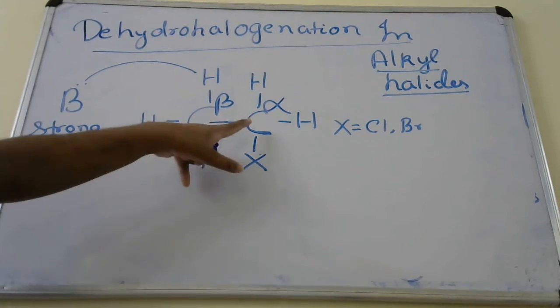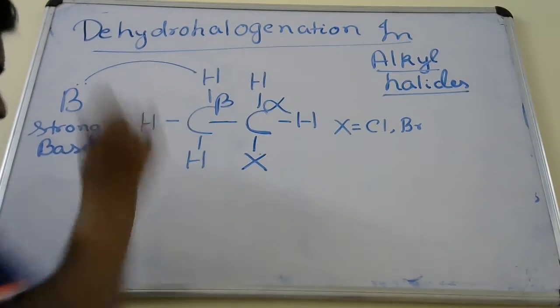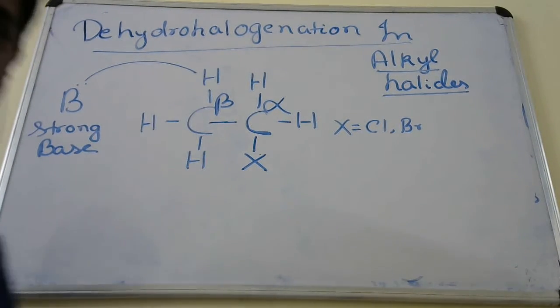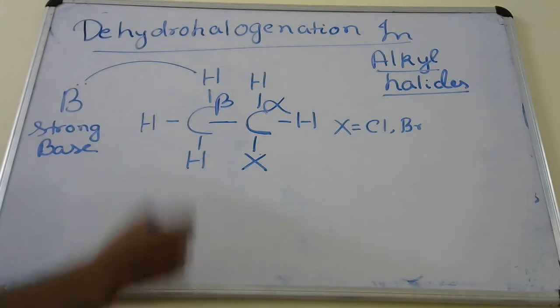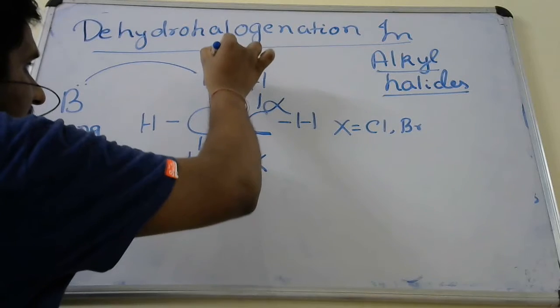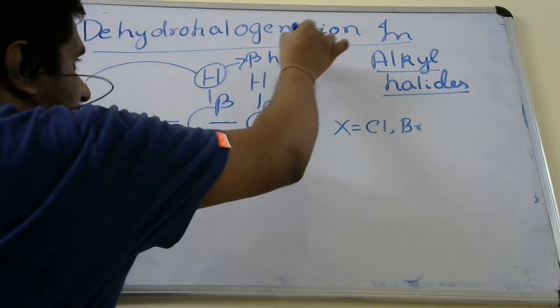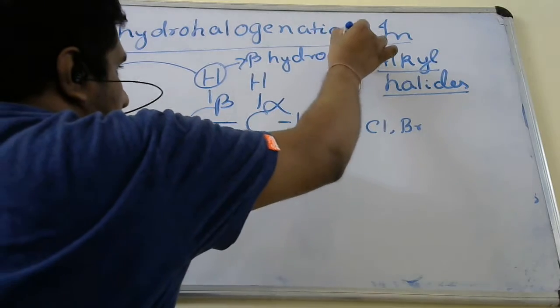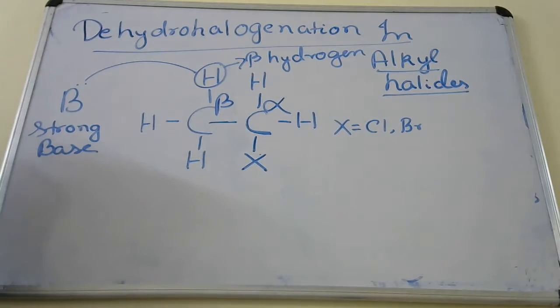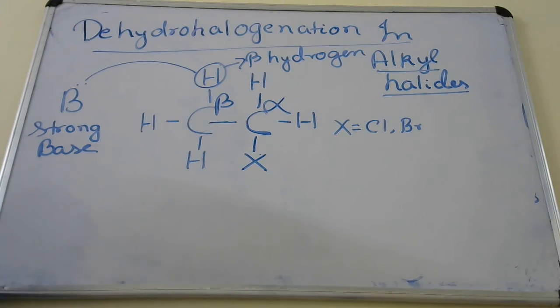Now the hydrogens bonded to the beta carbon are called beta hydrogens.